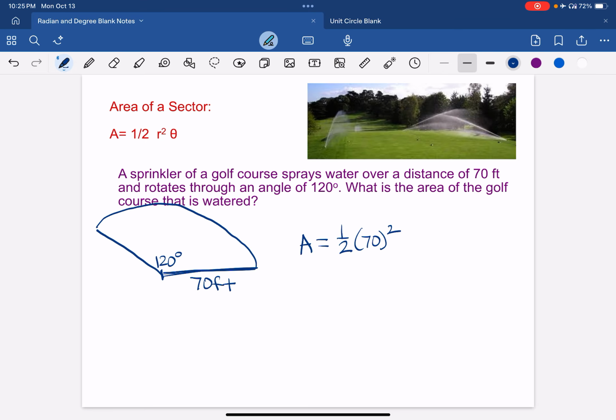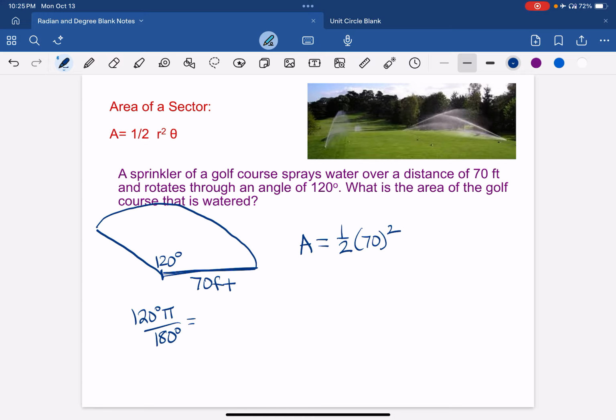Okay, so area equals 1/2 the radius squared. And again, our angles always have to be in radians, so we're going to convert. It's 120 degrees times pi over 180. If you do your proportion, that's what you'll end up with. And we can reduce that down. Actually, they're divisible by 60, aren't they?